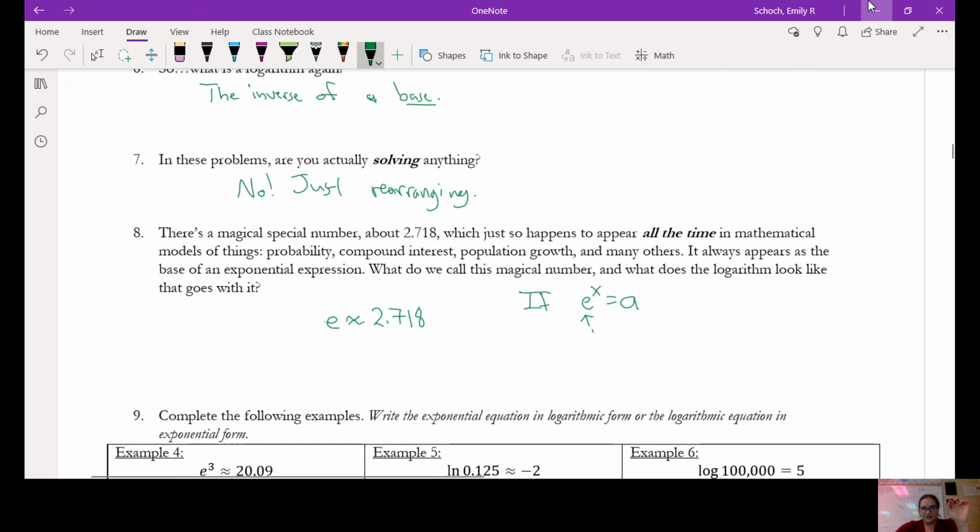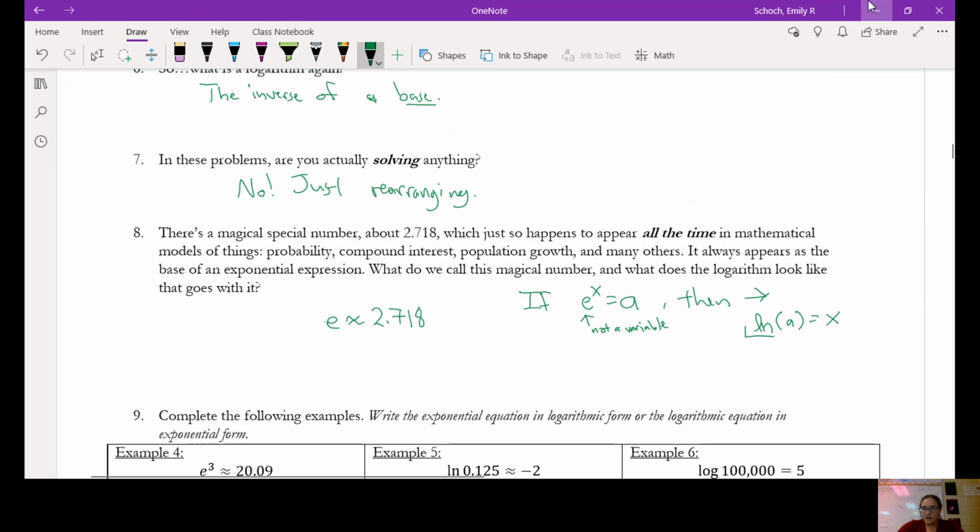So this is important, not a variable. All right, e is a number. It's a lot like pi. So pi is a number, e is a number. So if e to the x equals a, then instead of writing log base e, we write ln. So natural log is what it's called, of a equals the exponent.